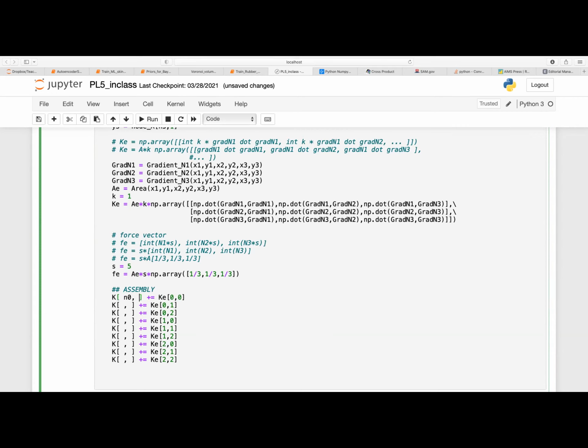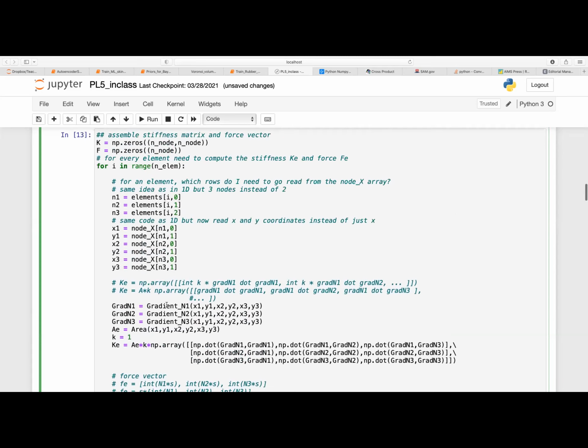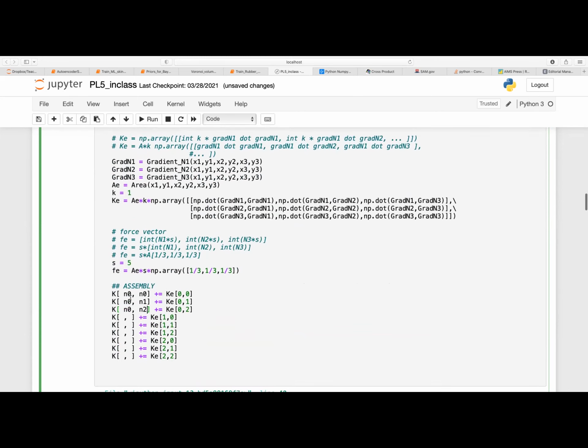And again, this should be similar to what you have in your 1D code. So in your 1D code, this is actually the same. It's just that now you have 3 nodes. But if you look at your code, do I call it with 0 or with 1? Okay, so I have 1. 1 and 1. And 1 and 2.